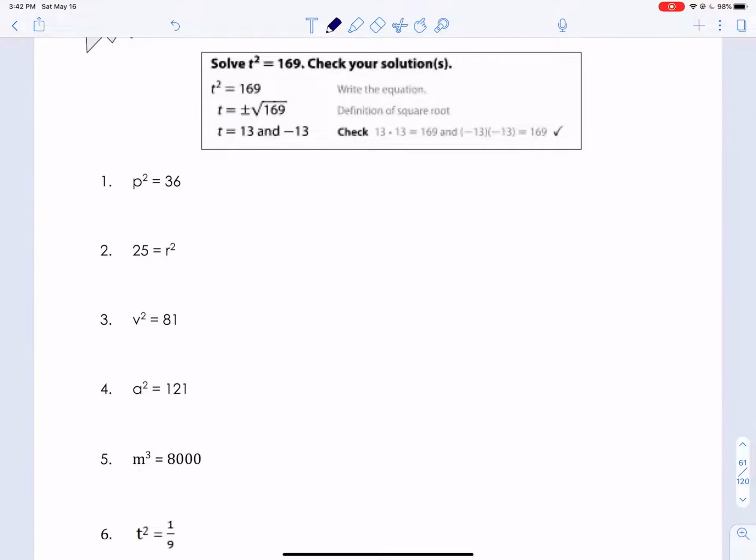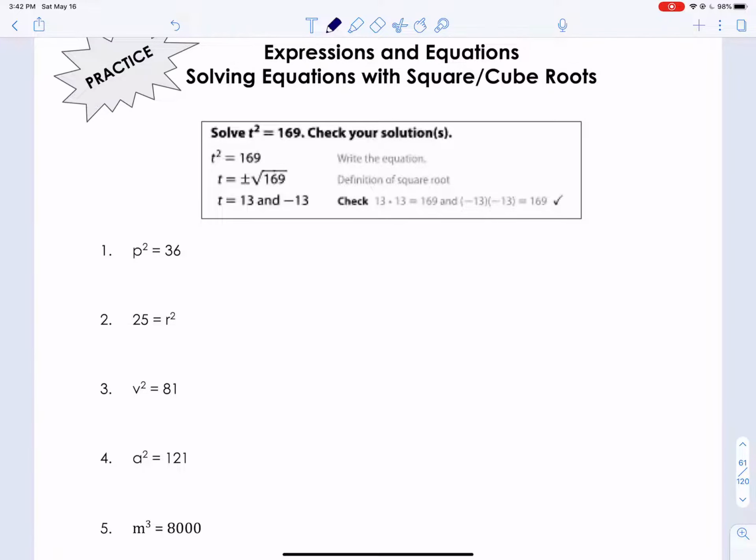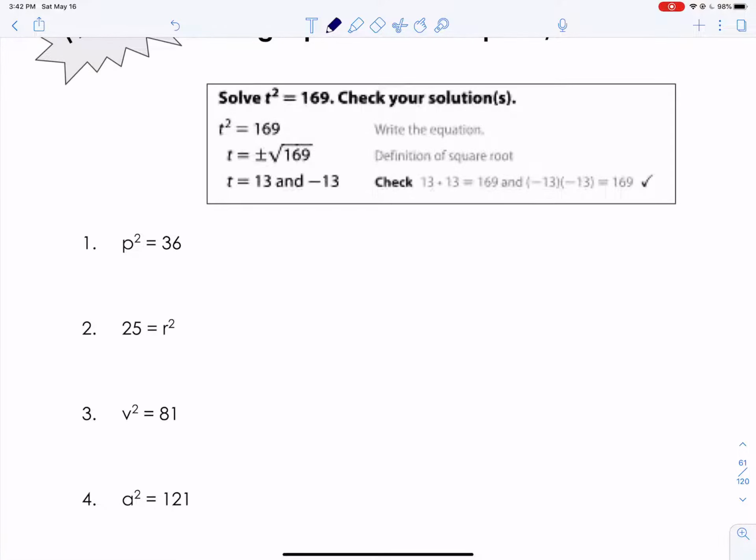So remember, a square root is the inverse operation for squared. Anytime we have an exponent of 2 on our variable, the way that we can get rid of that exponent is to do the inverse operation, which is the square root. So we want to solve for p, not p squared.